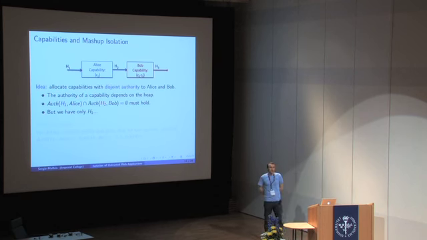If we have capabilities implementing a mashup system, then we can reason about isolation by requiring that the authority of, for example, Alice and Bob, two different components, be disjoint. If we can make sure that this notion that is dynamic, depends on the execution of the programs, is disjoint, then we know that the two programs will not access the same resources.